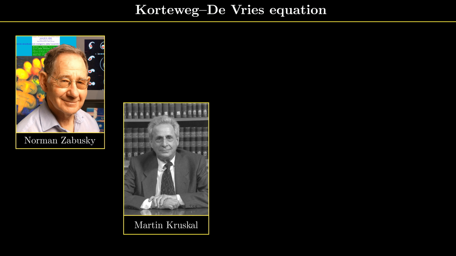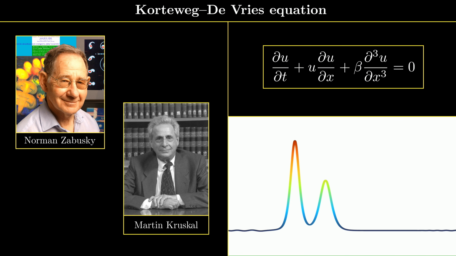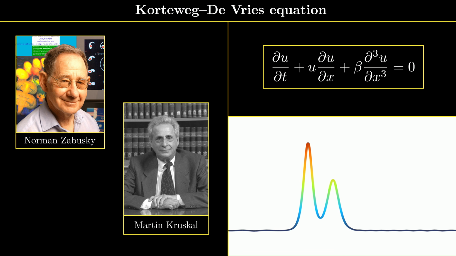In 1965, Martin Kruskal and Norman Zabusky investigated the behavior of nonlinear waves using numerical simulation. They discovered that such waves can retain their shape during propagation and even after colliding with each other.